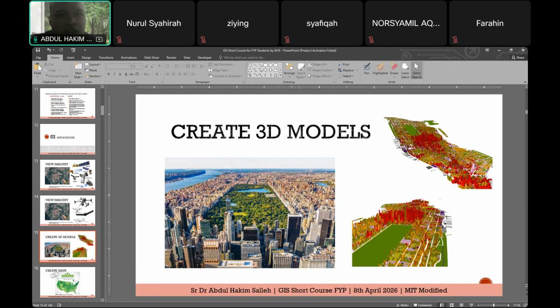You can simply ask GIS software to identify any buildings, any structures that are higher than 80 meters, and it will highlight them for you like this, the red colors, immediately. Then you can impose some new tax law, for example.